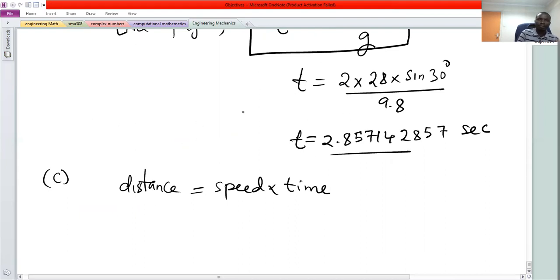Because we are moving along the horizontal direction, this distance will be the same as ux times time of flight.